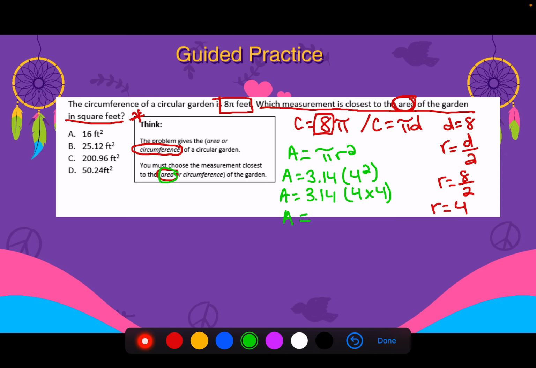Take a little bit of time. So you should have 3.14 times 16. So that tells you that A is not your answer. Okay? So you're going to multiply 3.14 times 16 to get your answer.